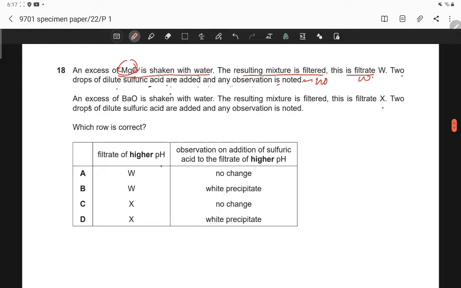An excess of barium oxide is shaken with water. Barium oxide dissolves in water to form barium hydroxide, and the resulting mixture is filtered. This is filtrate X. Barium hydroxide is in the filtrate. 2 drops of dilute sulfuric acid are added, and any observation is noted.